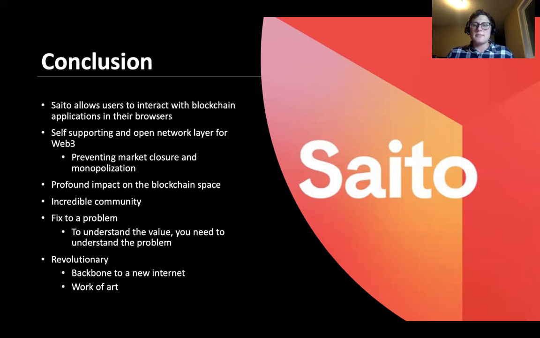And I think it's also very revolutionary. So we're on the cusp of something that could potentially be a backbone to an entirely new internet. And with this entire mechanism, just the way everything seems to work together, I think it's a form of art. So yeah, I'm very interested to see how the rest of everything is going to play out for the Saito network.